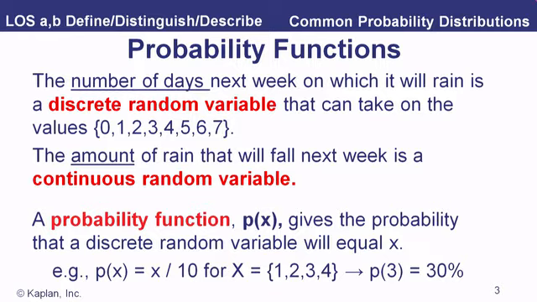So the probability of 3 is simply 3 over 10, 30%. And all those add up to 100%. And we know that because 1 plus 2 plus 3 plus 4 equals 10.